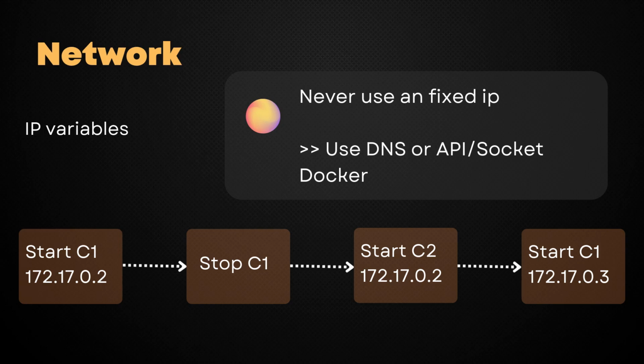but if we stop this container and start another container or multiple other containers, and then start our same container again, this container can change its IP, can have another IP.